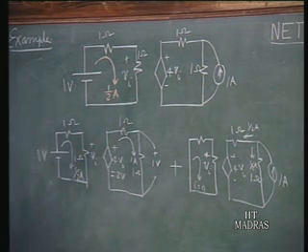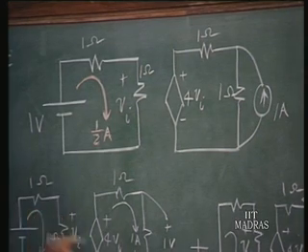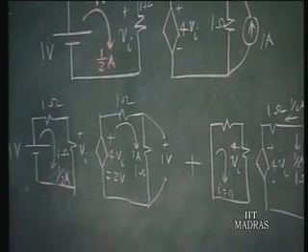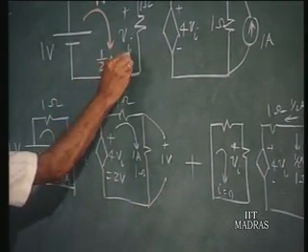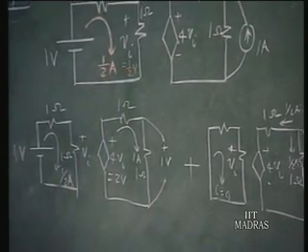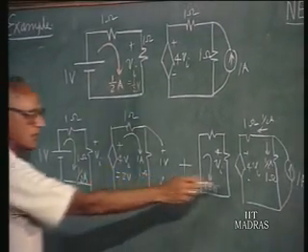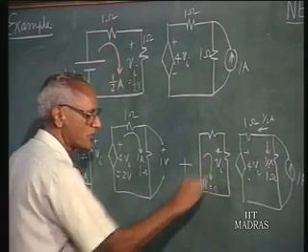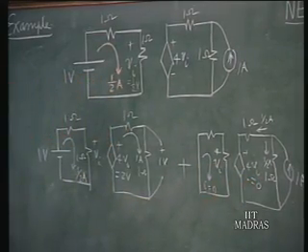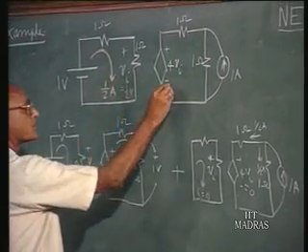The voltage Vi is the voltage here plus the voltage here. The voltage here is 0, the voltage here is half volt, therefore this is half volt. 4 Vi, this is 2 volts here, this is 0. This is of course 0 because Vi is 0, this is also 0, therefore this will be 2 volts.